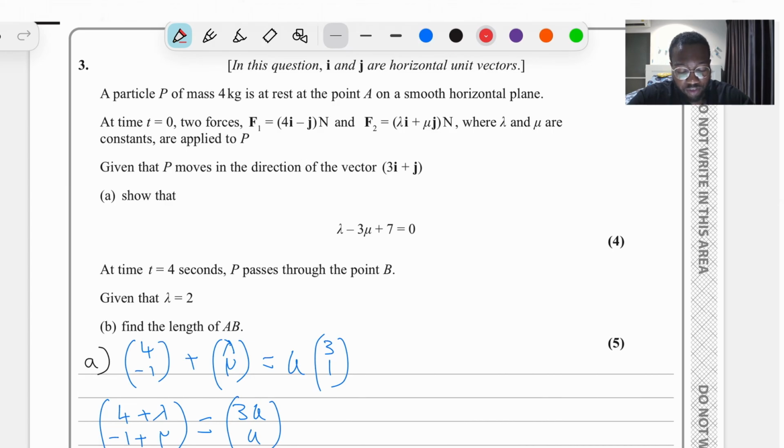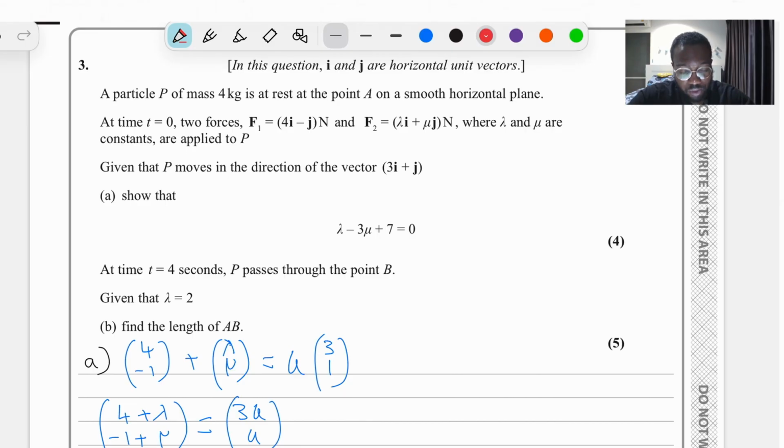We already know our lambda value is 2. We can work out our mu value, and then we have all the values for F1 and F2. Then we can work out the acceleration. And similar to question 1, we can then integrate twice. If you integrate once, it gives us our velocity. Integrate again gives us our distance. And then we can use that to work out the length.